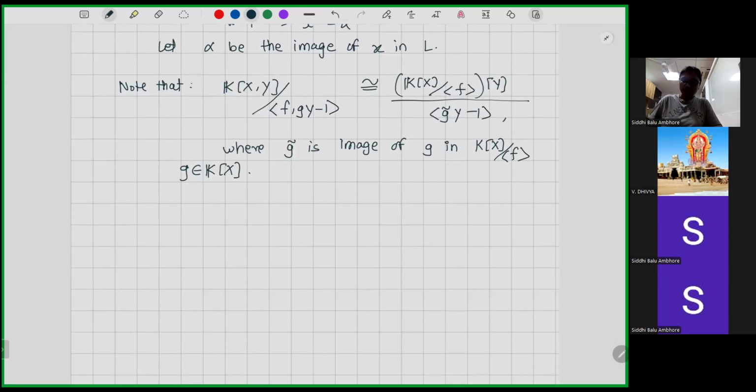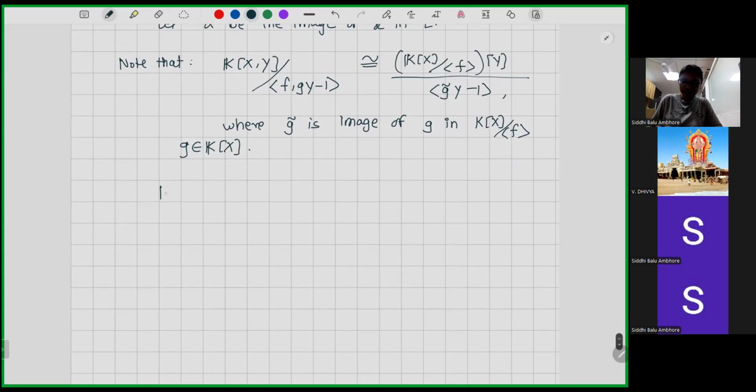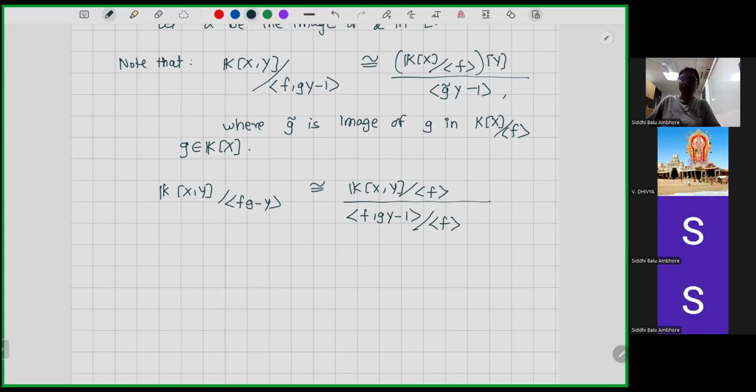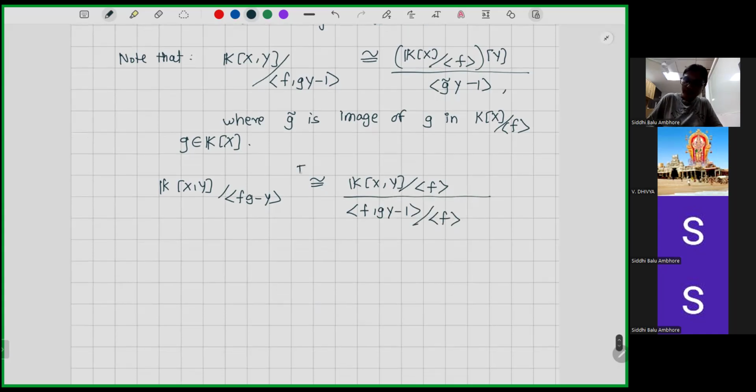Okay, and how do we get this? Understand that this is K[x, y] quotiented by (f, gy minus 1). This is isomorphic to K[x, y] quotiented by f, quotiented by (f, gy minus 1) quotiented by f. This is the third isomorphism theorem for ring homomorphisms.